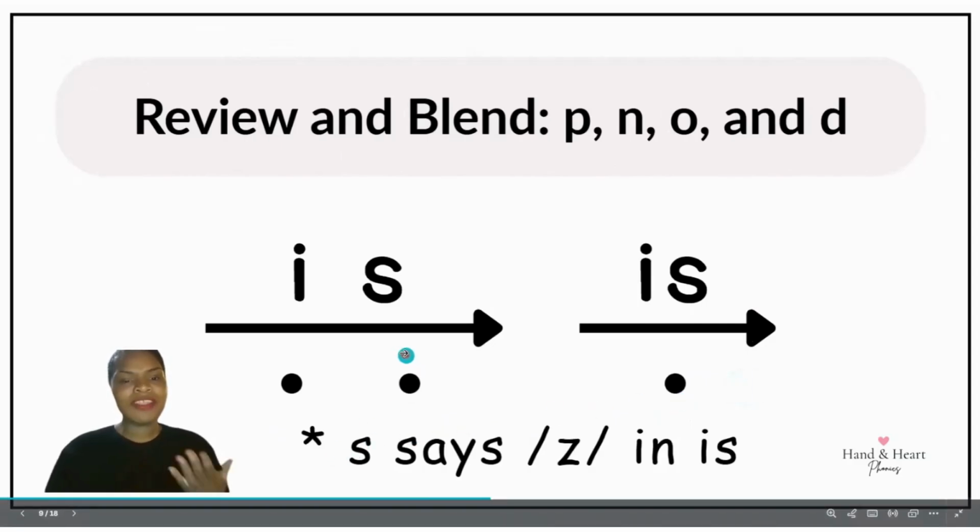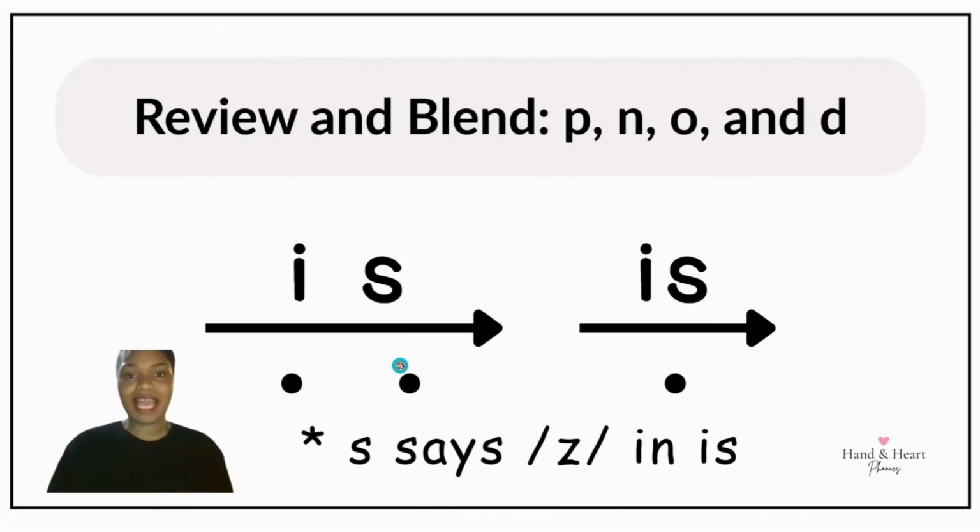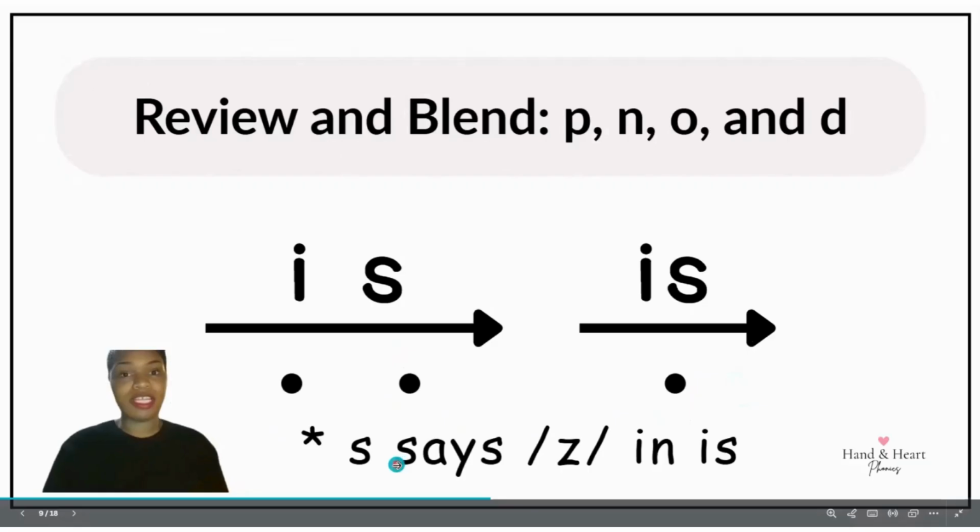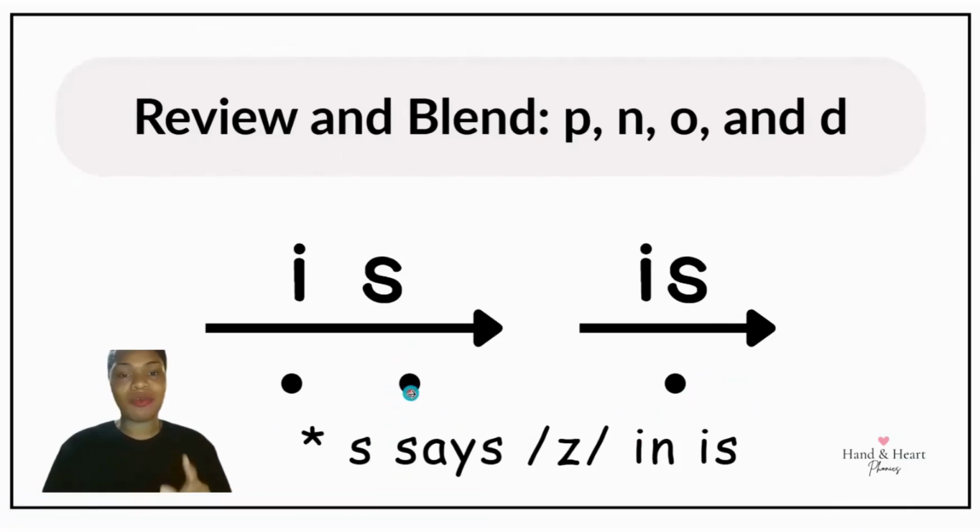Now, we know that the letter S says S, but sometimes after a vowel, it can say Z. We already talked about Z. Now we're going to look at the Z that S may say in the word is. Sound it out.